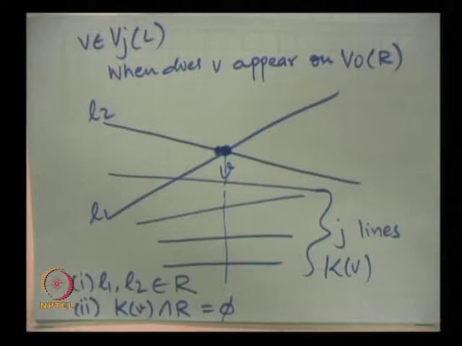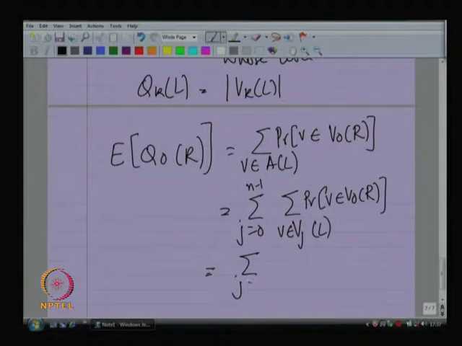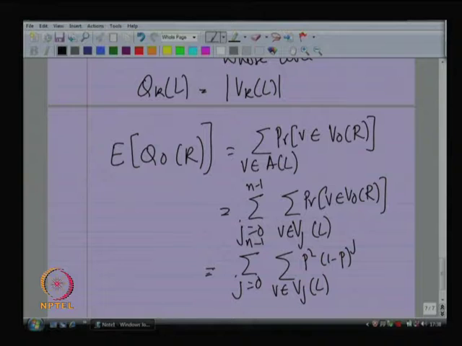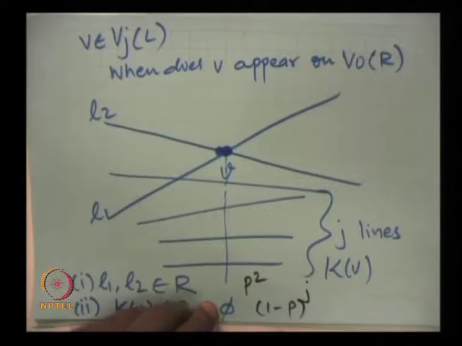Not p to the power j. Yes. So then basically we just write this. The probability of the first condition happening is p squared. The second condition is that none of the lines is chosen. The probability of a line not being chosen is 1 minus p, and these are j lines, so it is (1 minus p) to the power j.